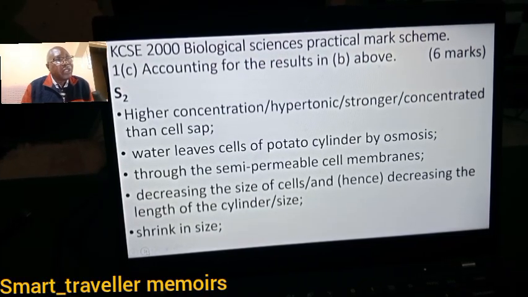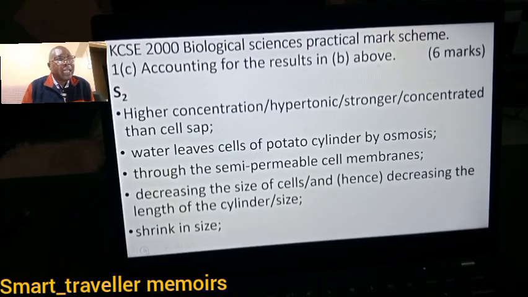Alternatives to higher concentration are hypertonic, or stronger, or concentrated. And for decreasing the size of cells, you have the alternative of hence decreasing the length of the cylinder or decreasing the size.